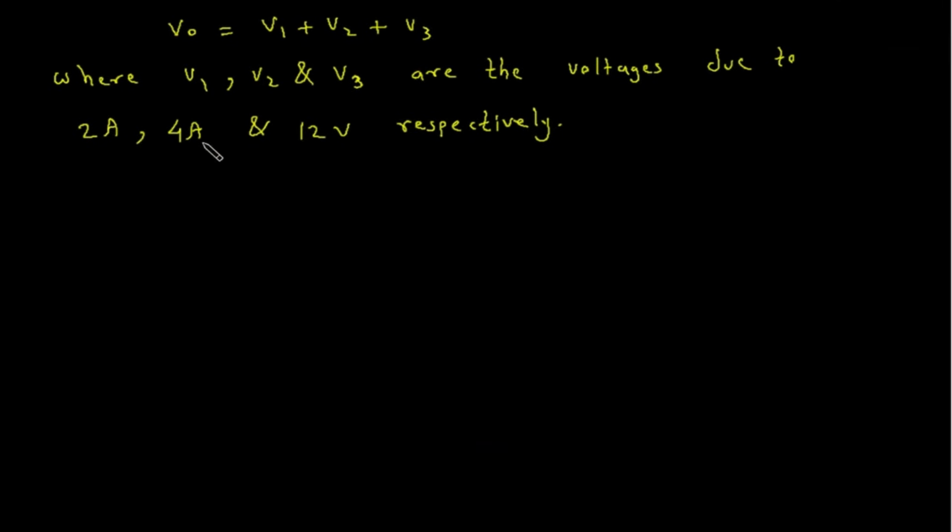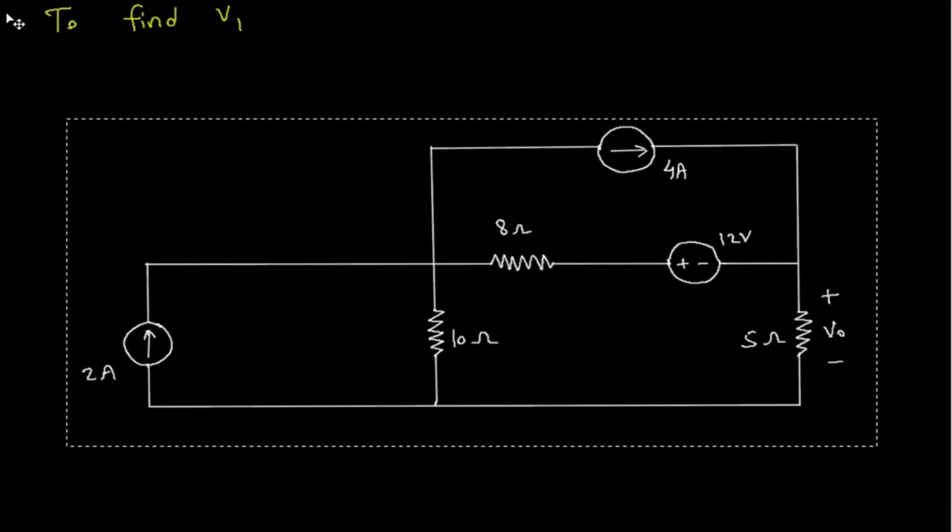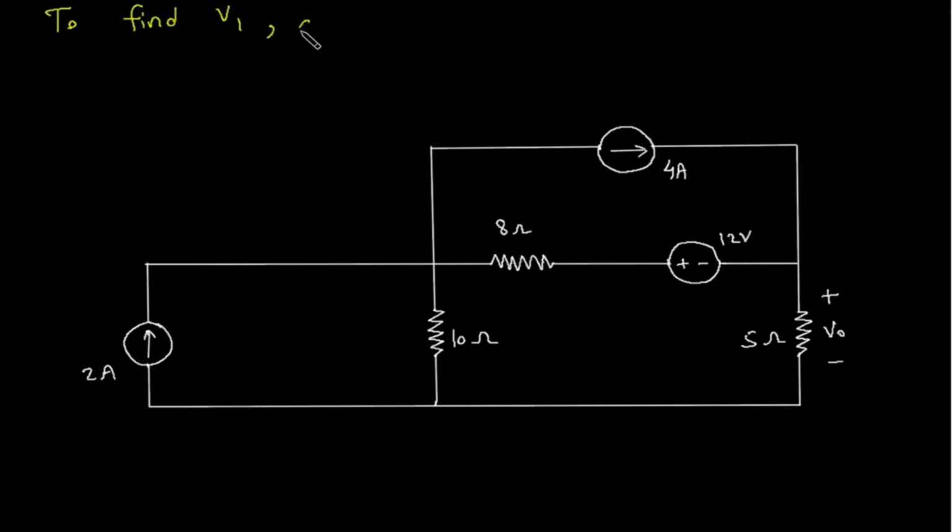Now to find V1, we will consider 2 ampere current source and turn off all other sources.